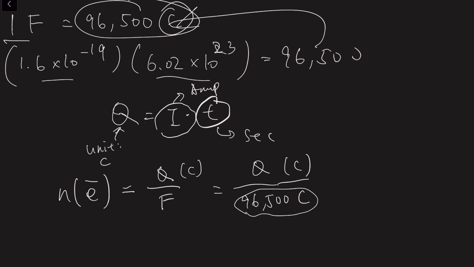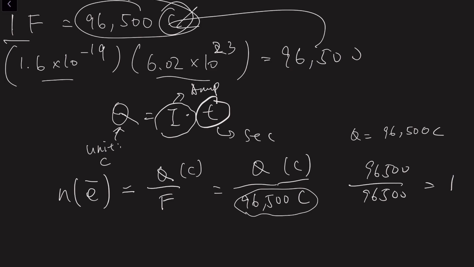So suppose that Q is equal to 96,500 C. Then you do 96,500 divided by 96,500, you get 1. So this tells you whenever you have 96,500 coulombs of charge, it is equivalent to 1 mole of electrons passing through your system.